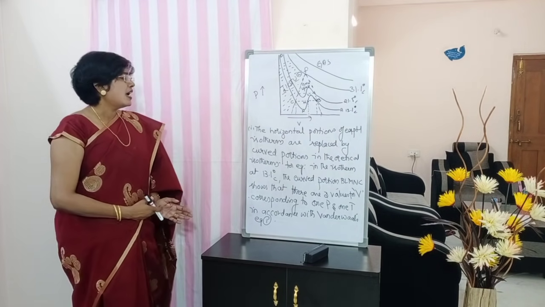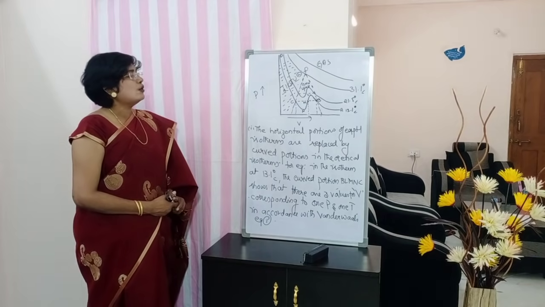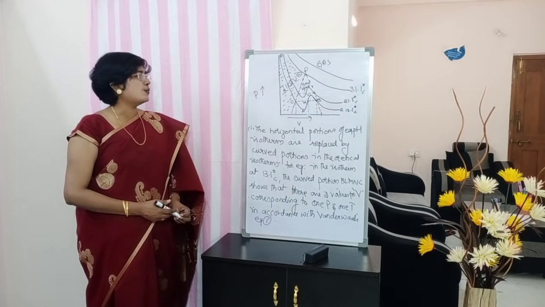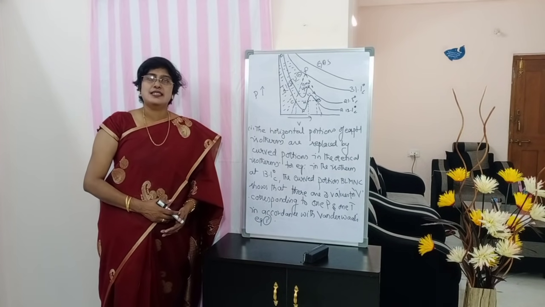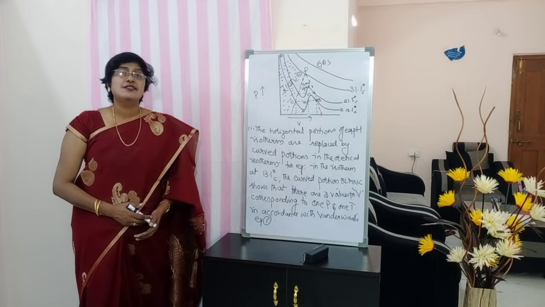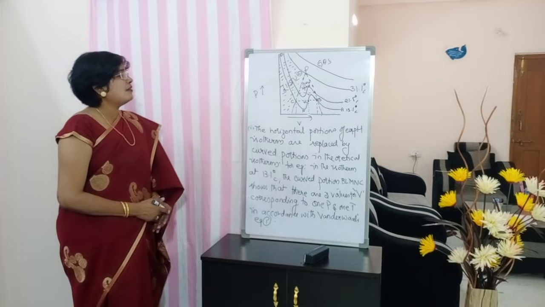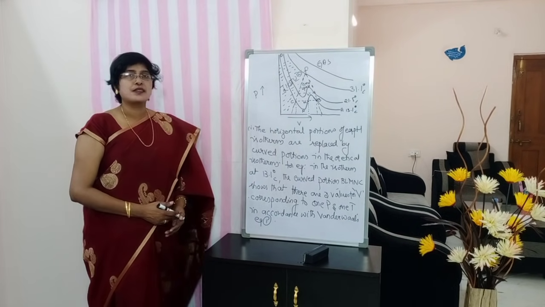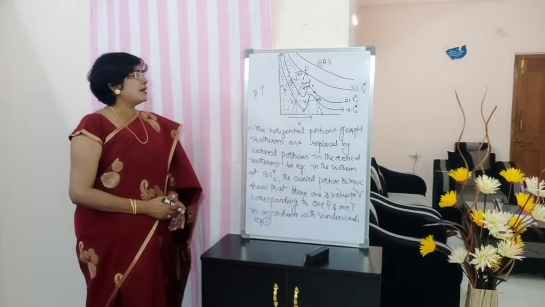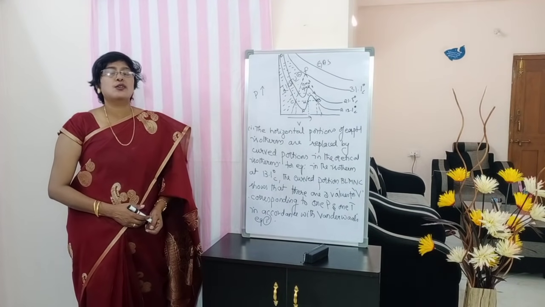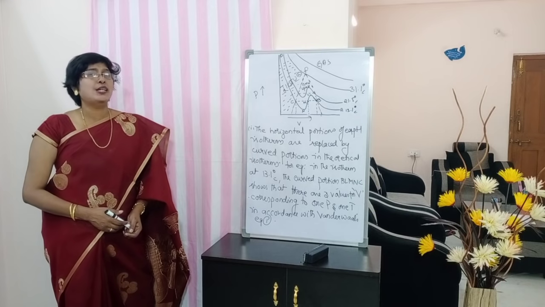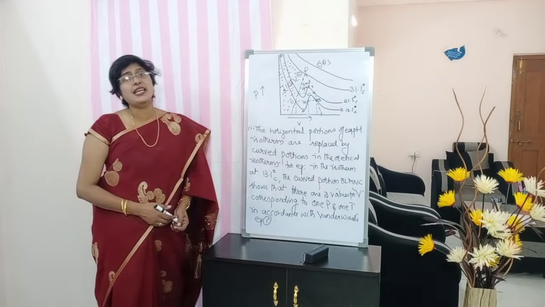Okay students, and for example, look at the isotherm 13.1. Here the name of the curved portion is BLMNC, which shows us that there are three values. One value at point B, second value at point M, third value at point C. Okay, so which is in accordance with equation number 1 derived by Vanderwaal.